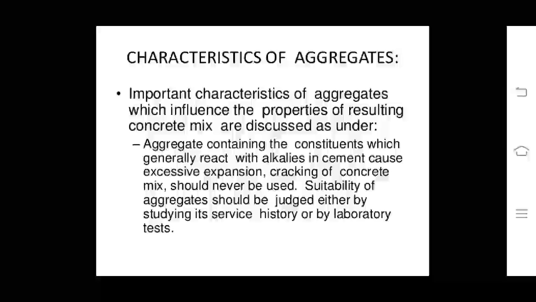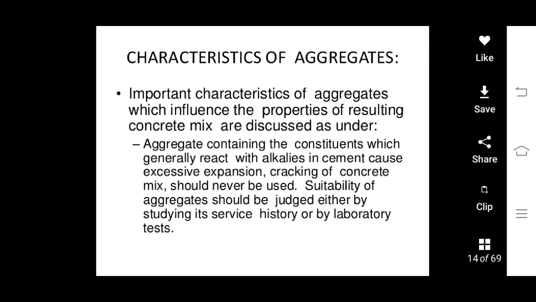Characteristics of aggregates. Important characteristics of aggregates which influence the properties of the resulting concrete mix are discussed below. Aggregate containing constituents which generally react with alkalis in cement, causing excessive expansion and cracking of concrete, should never be used.